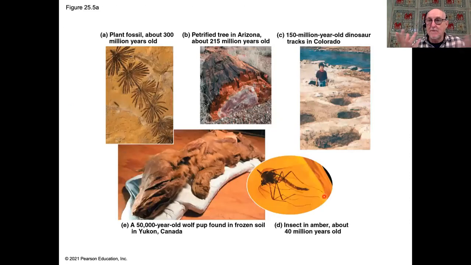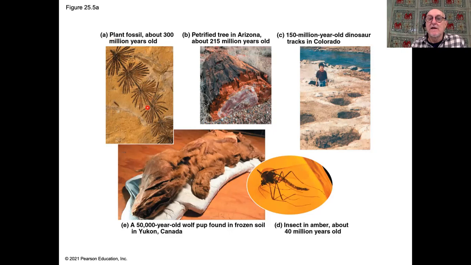So here are some of the different kinds of fossils. This is a plant fossil. This is an impression fossil. What has happened is a plant here has been sandwiched in sediment, and all its organic matter has been replaced by carbon. So what you have is a carbon print, essentially, of the fossil.